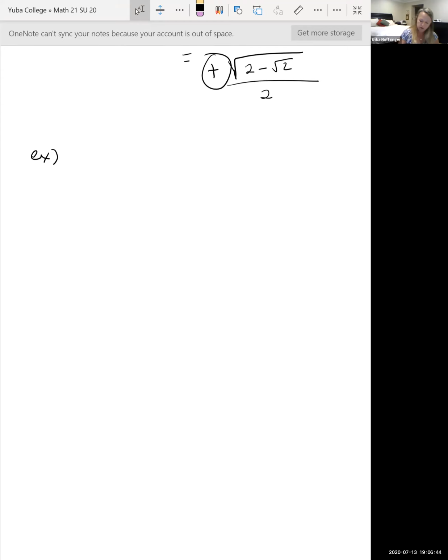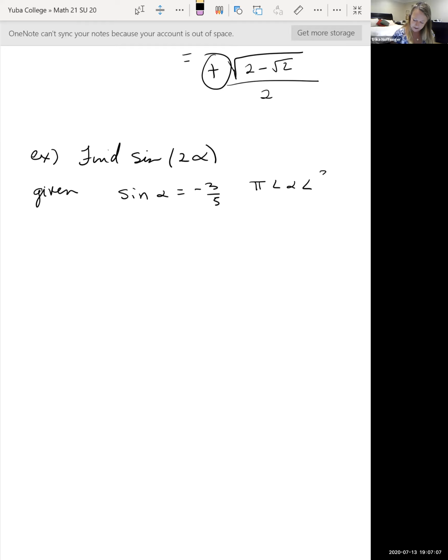So for instance, if you had, find sine of 2 alpha, and you're given maybe sine alpha is equal to -3/5. Pi is less than alpha is less than 3 pi halves. So right there, that just tells me, well, between pi and 3 pi halves, I'm in quadrant 3.